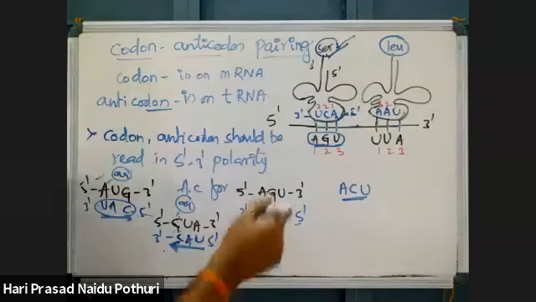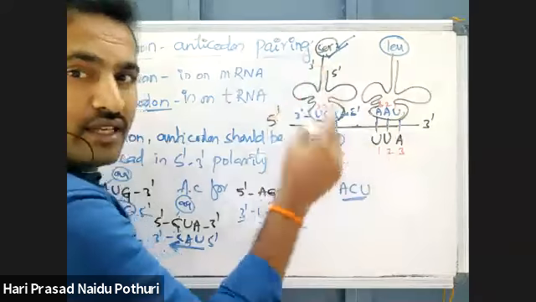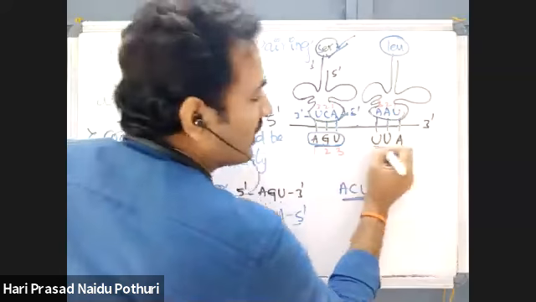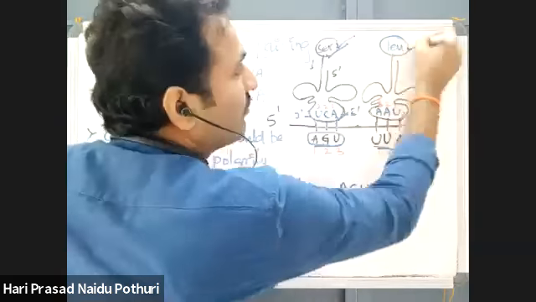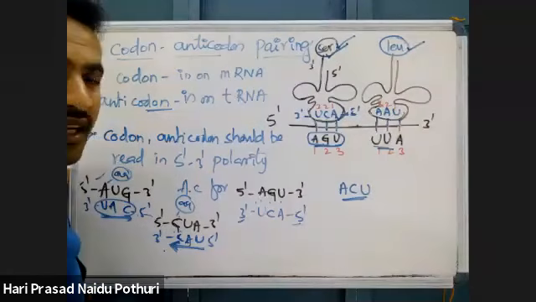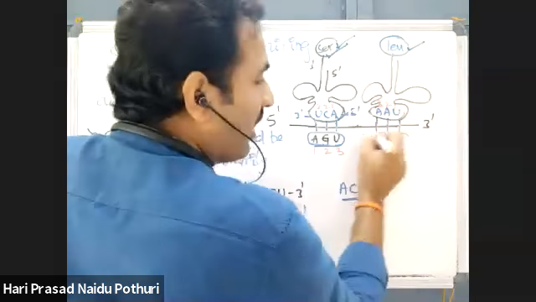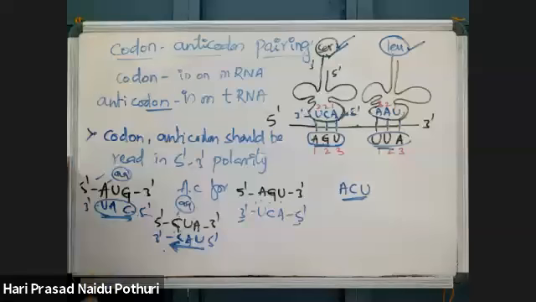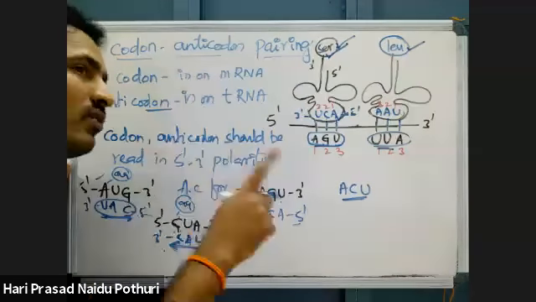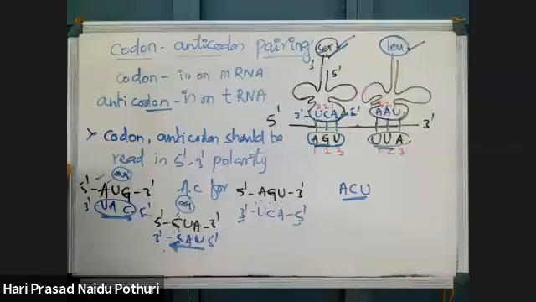Suppose UUA is there. We are repeating. UUA is coding for leucine. This genetic code is highly specific. We mentioned it in the previous class. Highly specific means under any condition one codon will code for one amino acid. Yes or no?